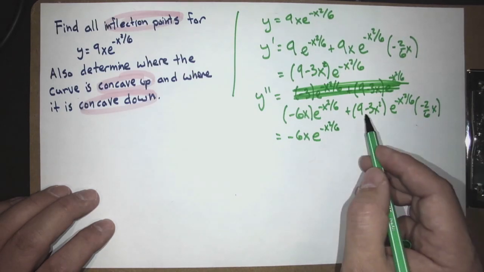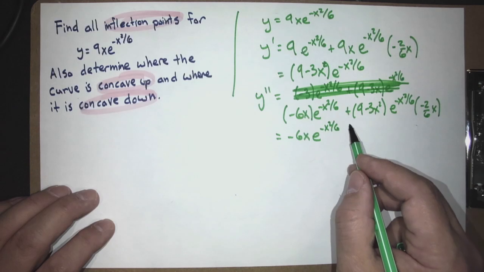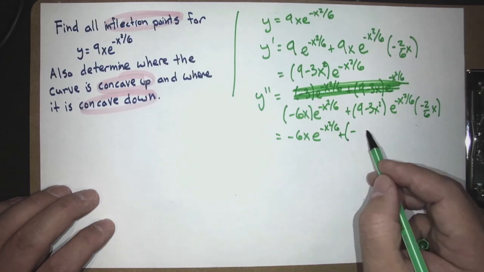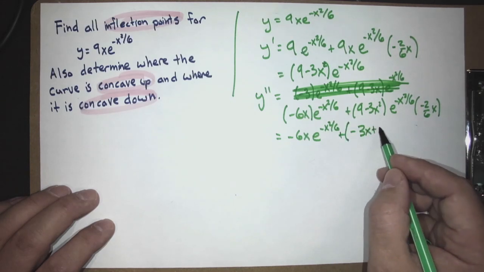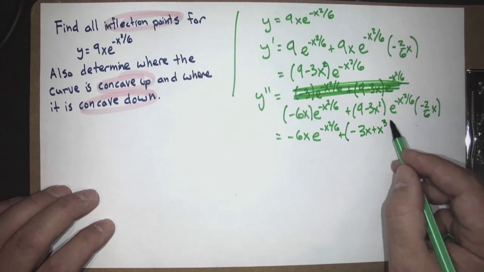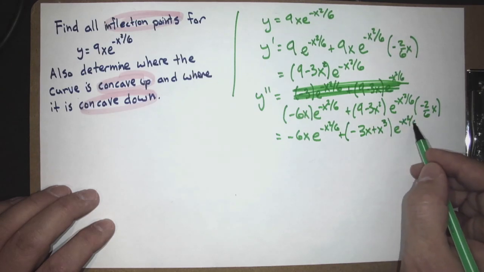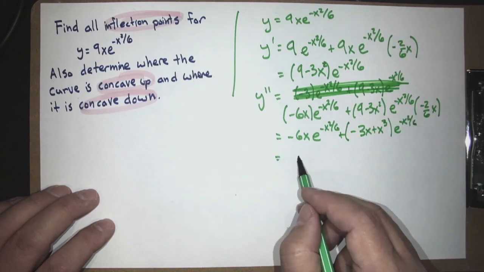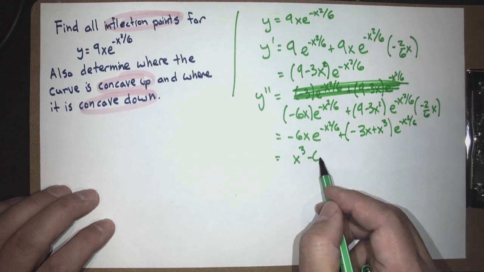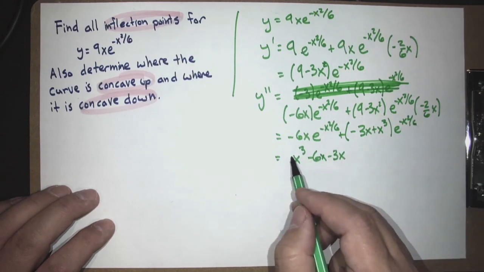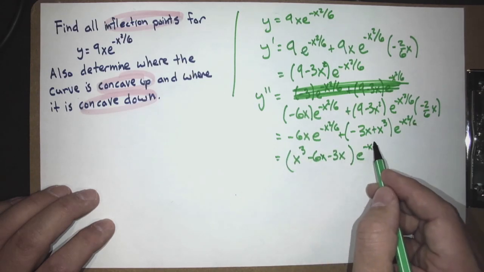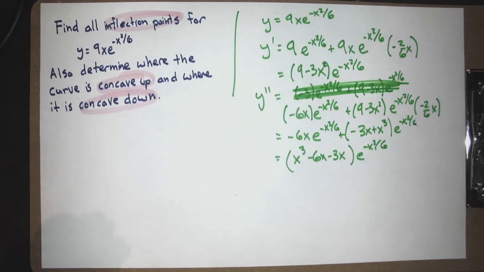So minus 1/3 x times 9 minus 3x squared makes minus 3x plus x cubed, e to the minus x squared over 6. So we end up with x cubed minus 6x minus 3x times e to the minus x squared over 6. Okay, there we go. Now we're making progress.